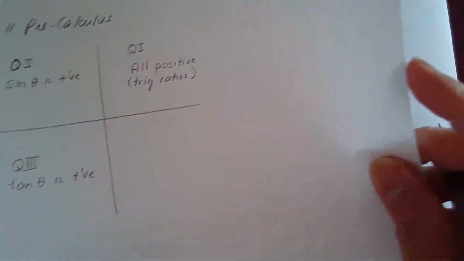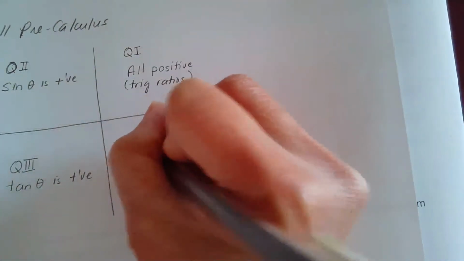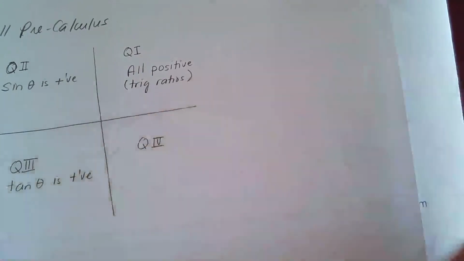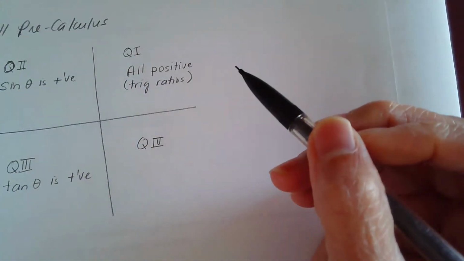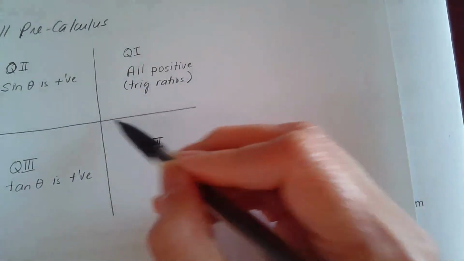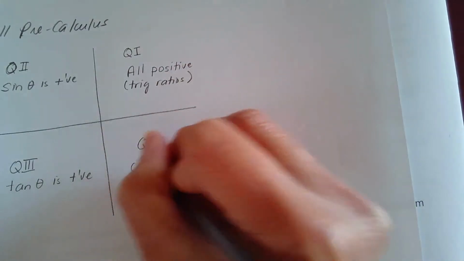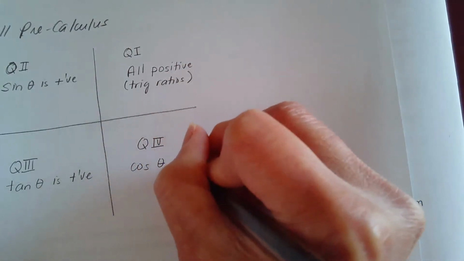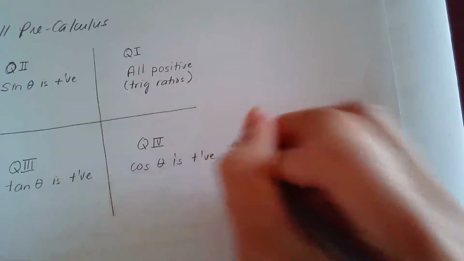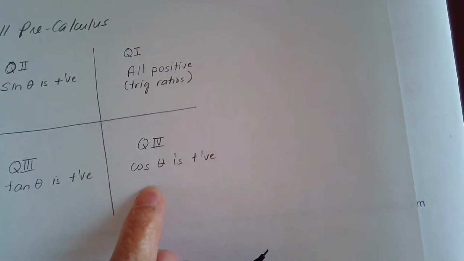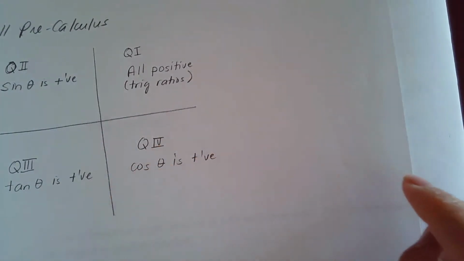And then in quadrant 4, what else is positive in here? Here, cosine theta is positive. Now if cosine is positive, then secant is also positive.